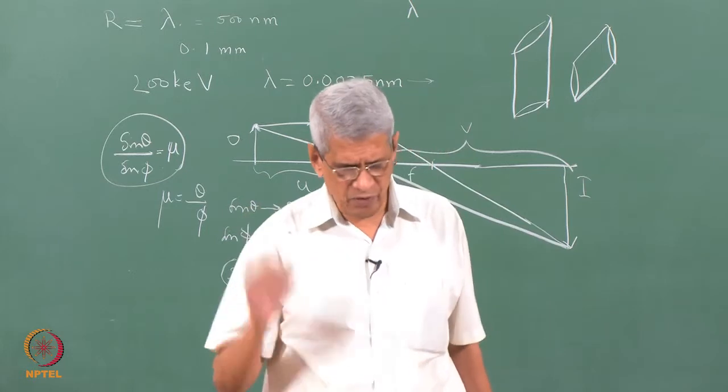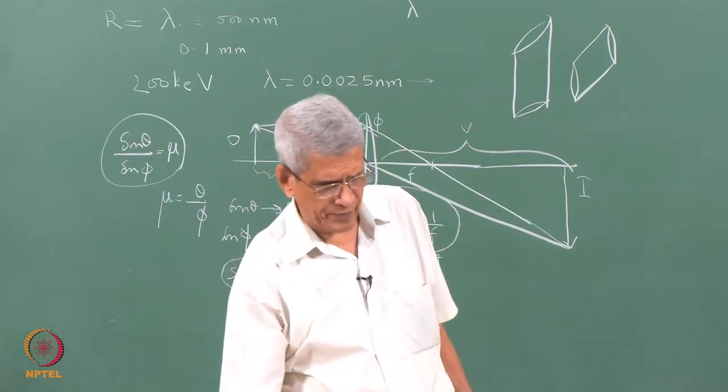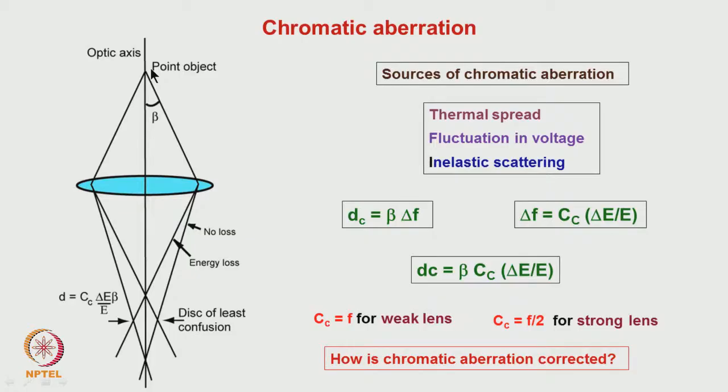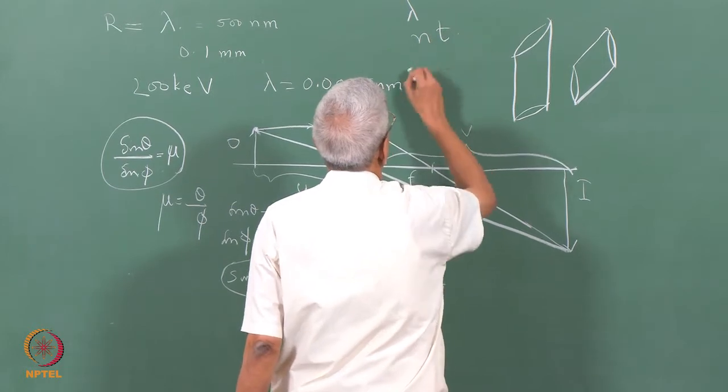When there is a width associated with the radiation, as I mentioned earlier, the lens acts as a phase shift. Depending upon the thickness of the lens and the wavelength of the radiation, the phase shift it introduces is the refractive index times T, the thickness.